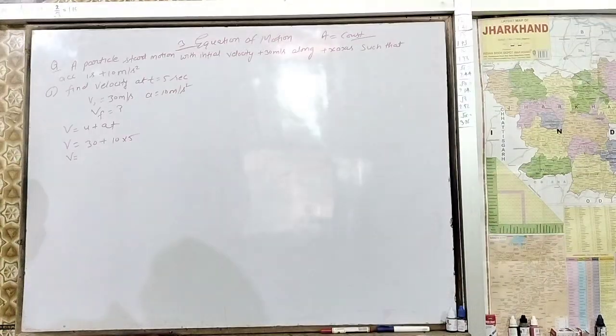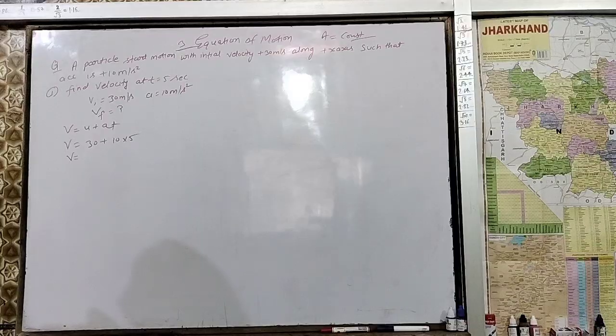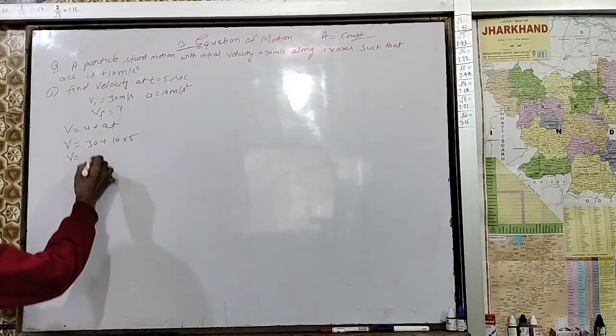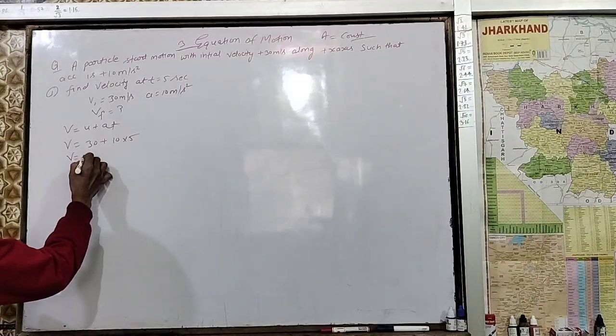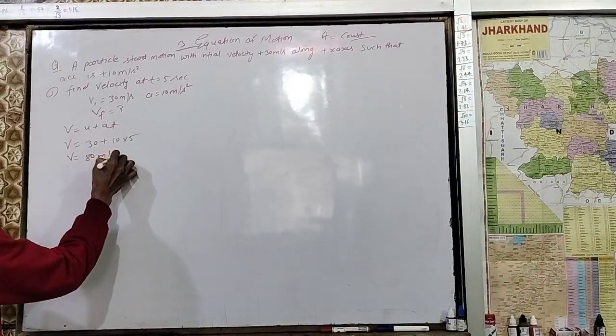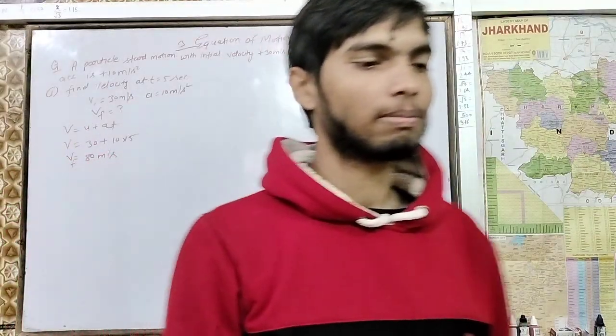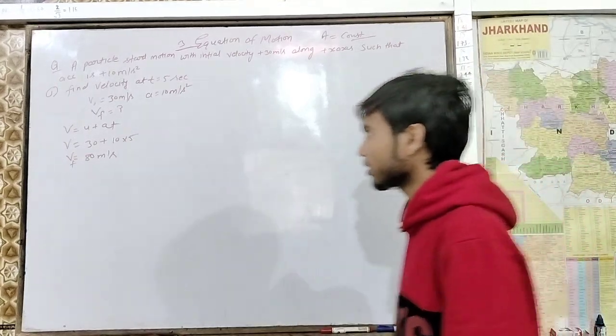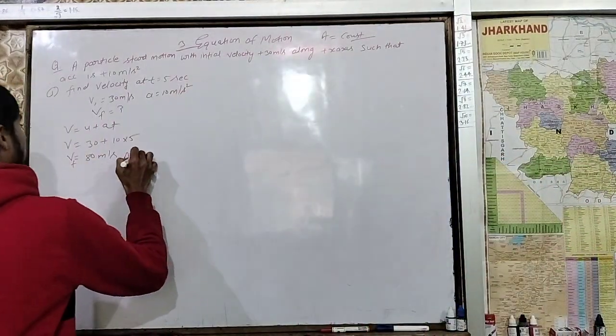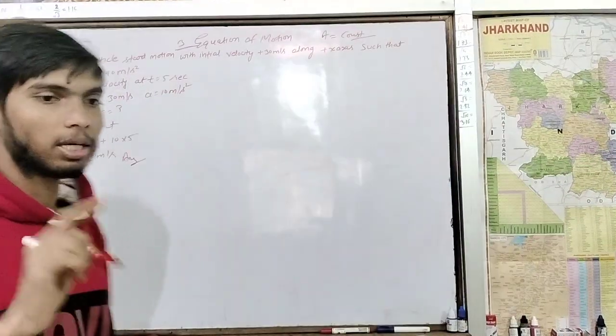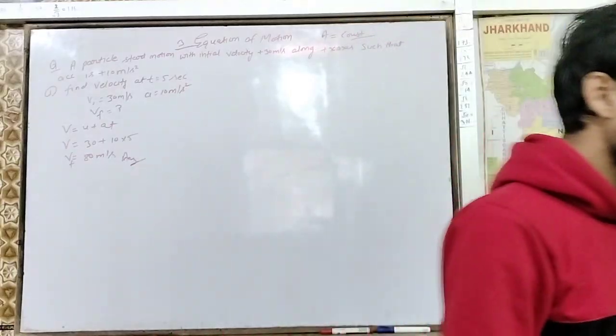After simplifying this, the answer will come out as 30 plus 50, 80 meter per second. Remember, this is your final velocity. So we got final velocity, with initial velocity, A and T.